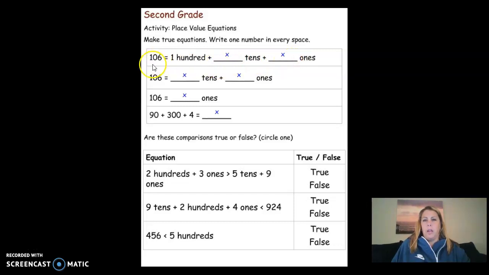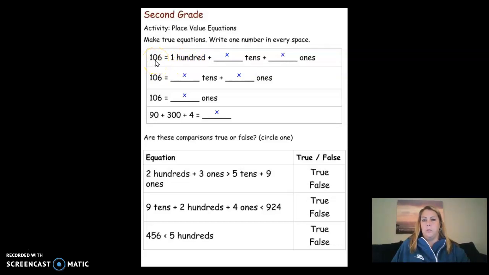So if we go over and look at the numerical form of it, the number 106, I know that this is the ones column, this is the tens column, and this is my hundreds column. So now they already told us there's how many hundreds? 1. That's filled in for you. Now you're going to go to the tens column.